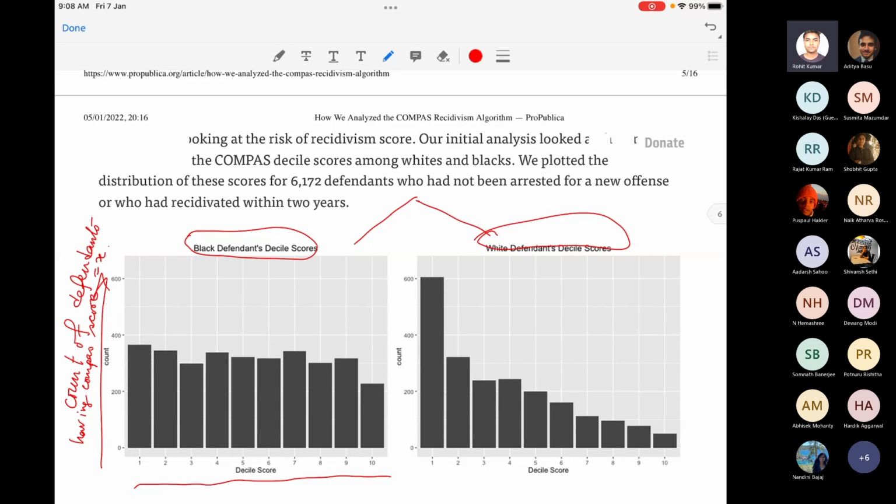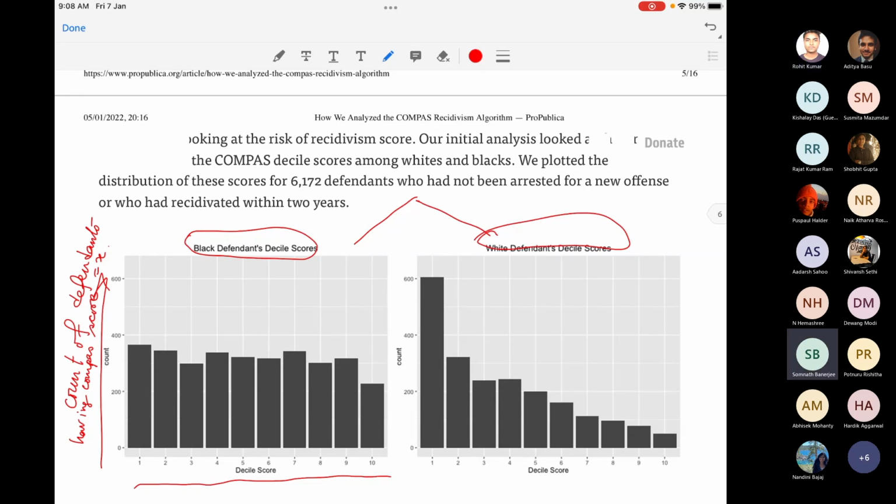Sir, second one is decreasing. That's fine. Look at the scale on the x-axis. These are the compass values. Doesn't this strike a bell? Go ahead.